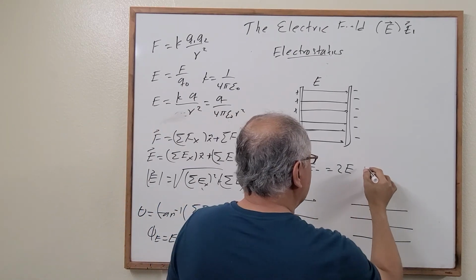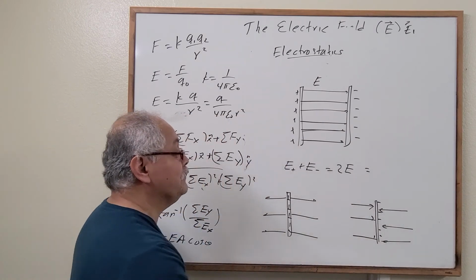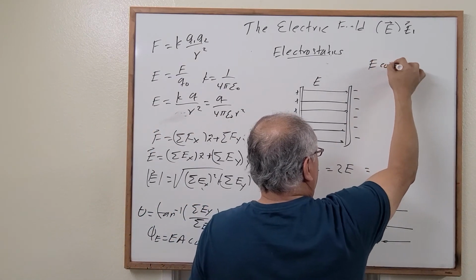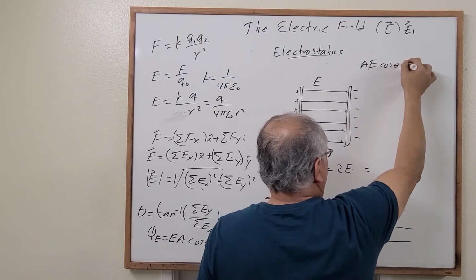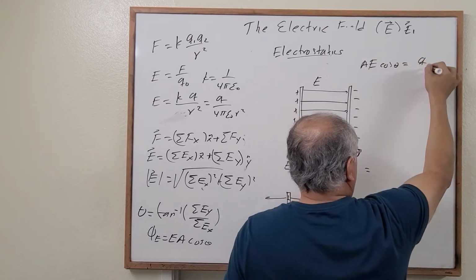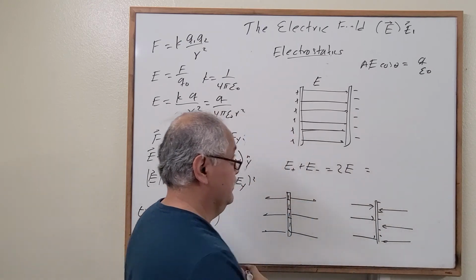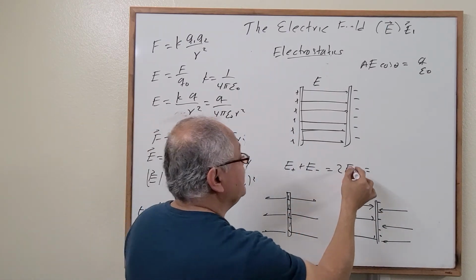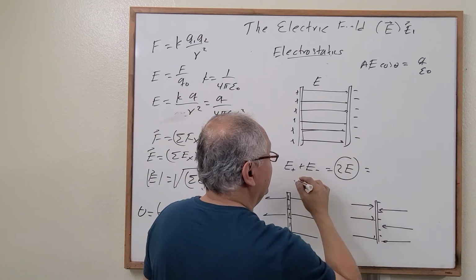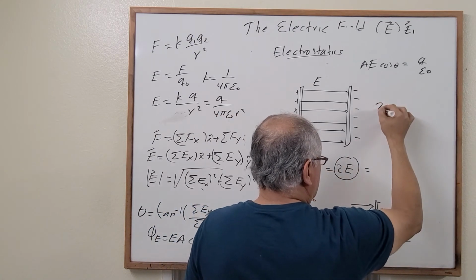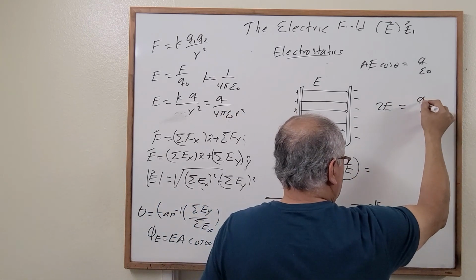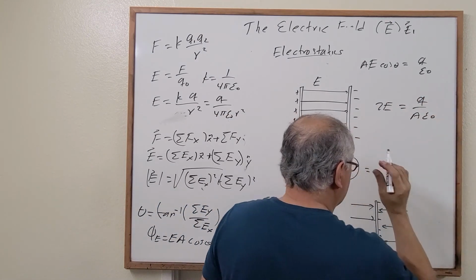Remember, it says that the electric field times the area times cosine theta is equal to the charge over epsilon naught. This is the total electric field. So 2 times the electric field is equal to charge over area epsilon naught.